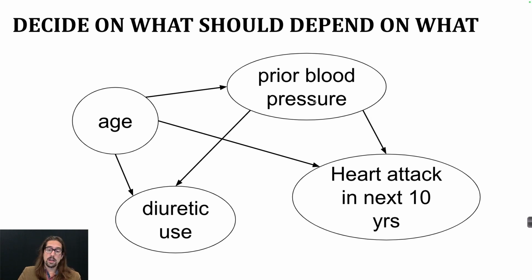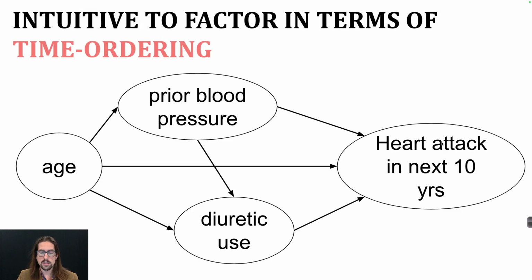Then I go to the next node, blood pressure, which should also be part of my decision of how I assign somebody a heart attack, and also diuretic use, because presumably doctors are looking at blood pressure to determine whether someone should get a diuretic or not. And then presumably whether they're getting this drug also determines the risk of heart attack. So that's my DAG.